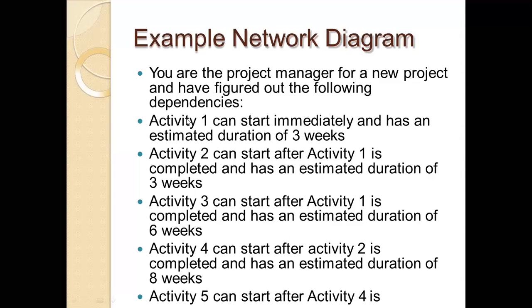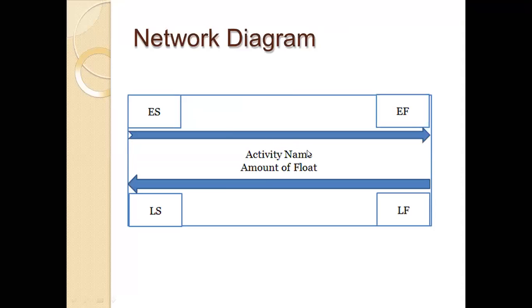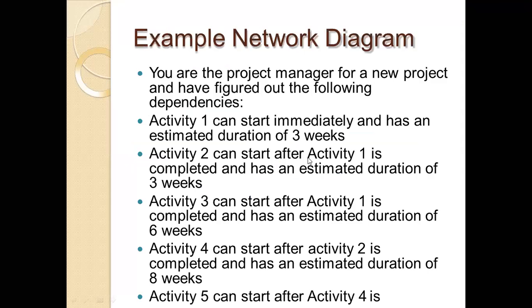So we have activity 1, activity 2, activity 3, activity 4, activity 5. Activity 1 can start immediately and has an estimated duration of 3 weeks. So we can have 3 weeks here for activity 1. Activity 2 can start after activity 1 is completed and has an estimated duration of 3 weeks.